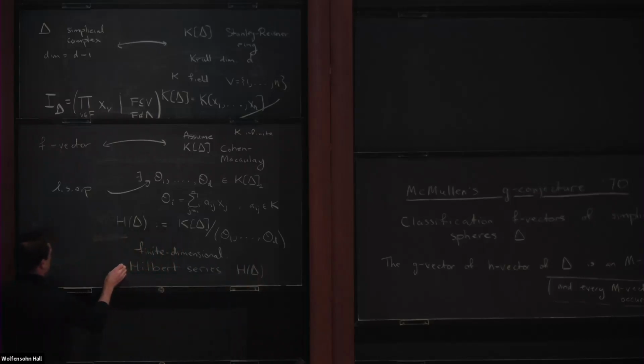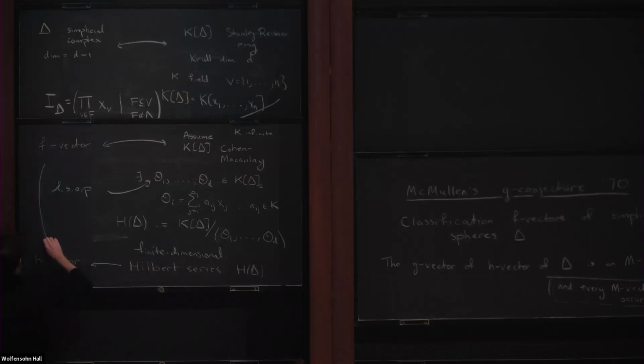Now that should correspond to something about simplicial complexes, and it's almost the F vector. It's actually something called the H vector, which appears in our statement of McMullen's g-theorem. The H vector and the F vector are the same up to some transformation, which is unimportant for understanding things.